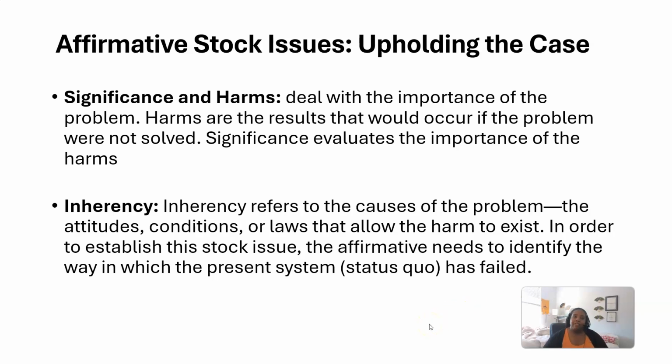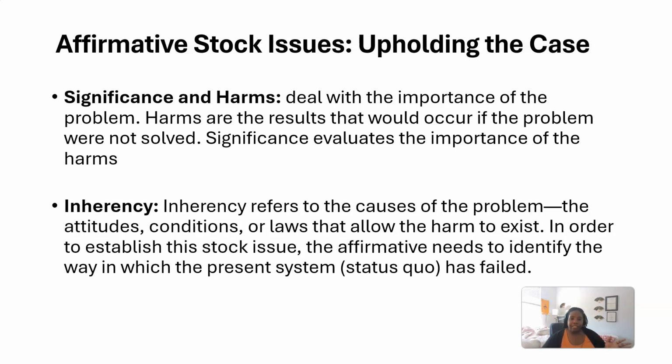On this last leg of our lecture, we're going to dive into different techniques or issues to help build up arguments in a debate. I mentioned significance and harms before, and it deals with the importance of the problem. When we're thinking about an issue or claim within a debate, who is being harmed, and, for our research, to what degree or what percentage of the population is being harmed by those issues?